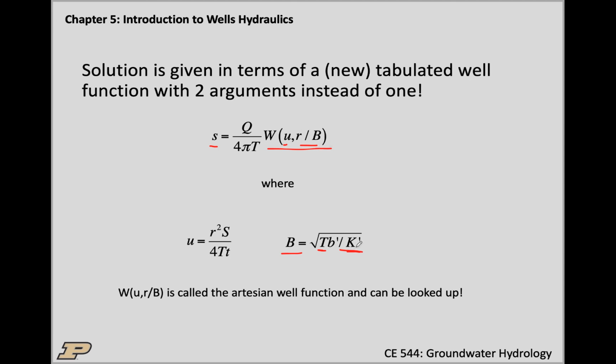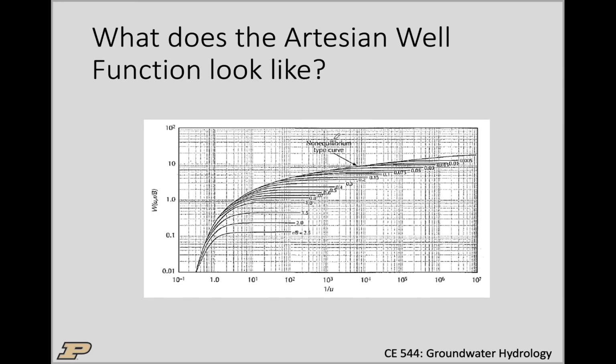And then, of course, the opposite is true. So if T starts to decrease, or K prime starts to increase, now B starts to decrease, more in the level of here, and now we have to account for that second argument, which is basically we're going down those curves here, right? So again, this is the confined, so this is the Theis equation right here.